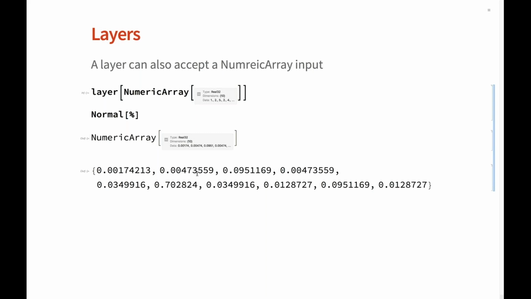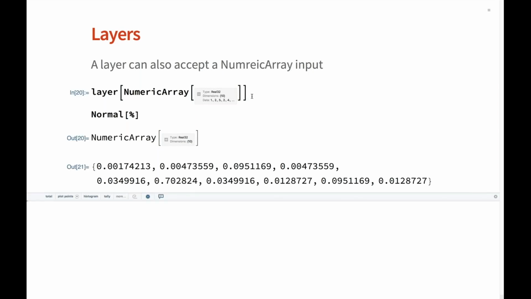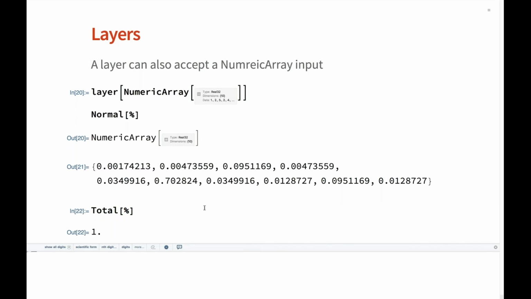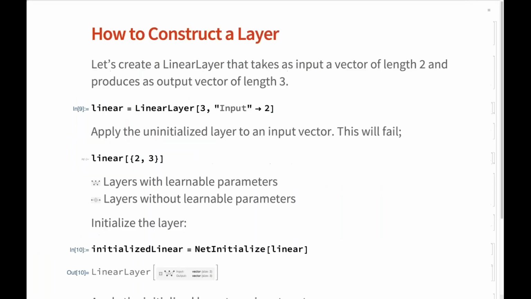The purpose of a Softmax layer is to produce probabilities that sum to 1. We can confirm that by taking the total of our last output, and we can see that it sums to 1, because that's what the Softmax layer does.